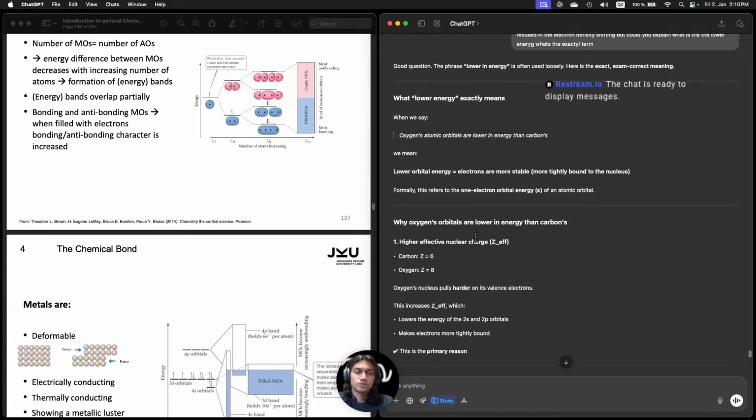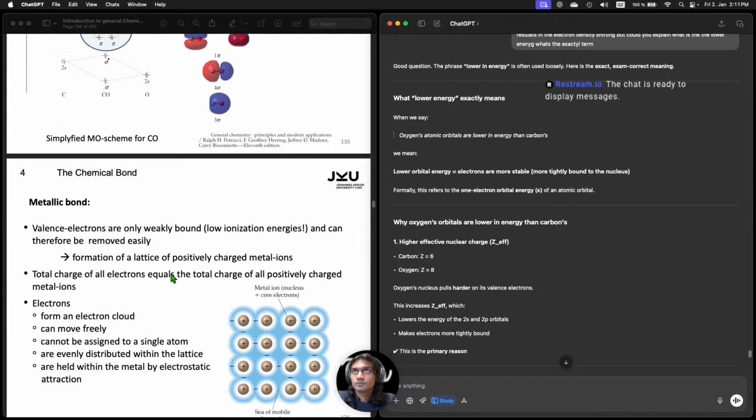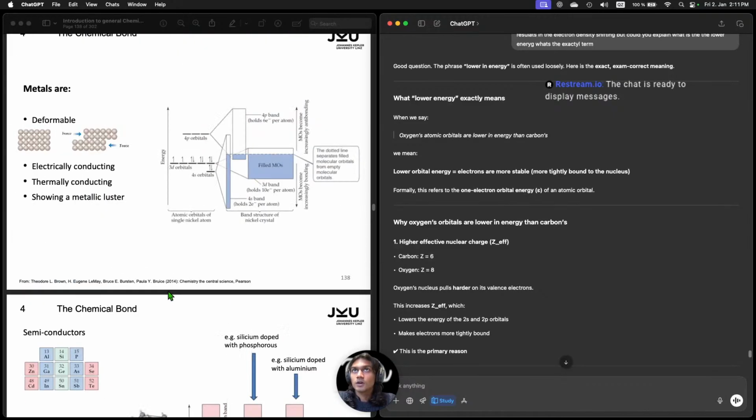The difference in orbital energy is what results in polar covalent bonding, and the one having lower orbital energy is going to have more electron density towards itself. Okay. Come on.